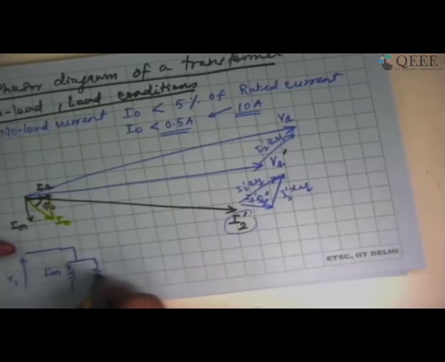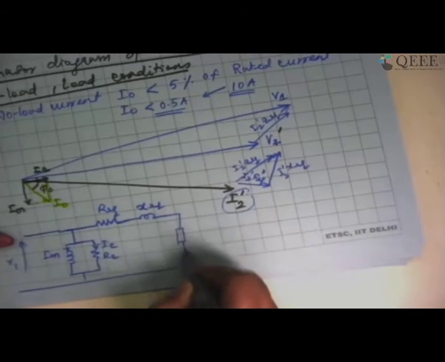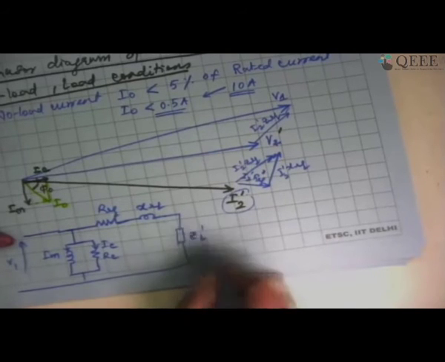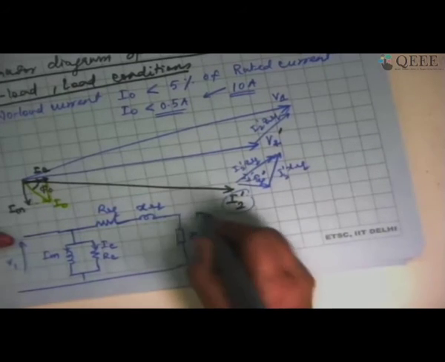I had IC going through RC, right? And if I look at it, this is where I had R equivalent, I had X equivalent, and I had the load here, which is ZL dash, and I called this V2 dash.